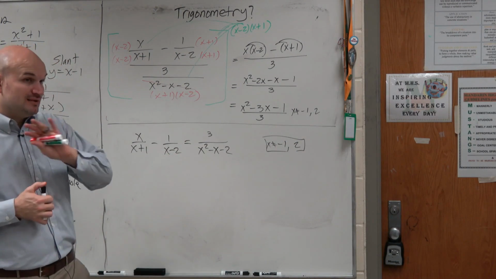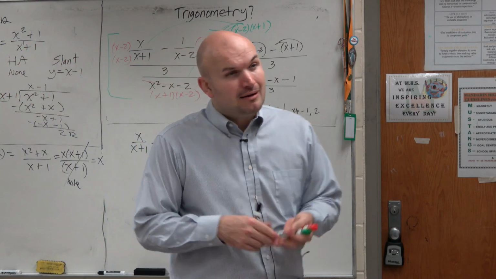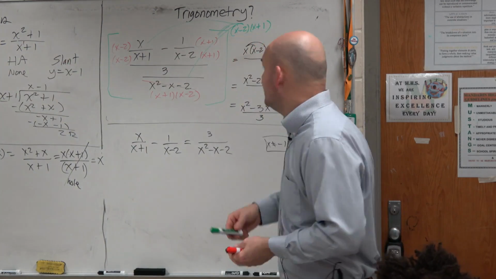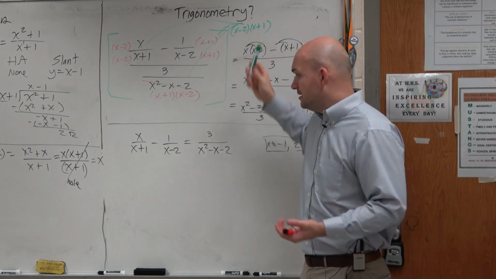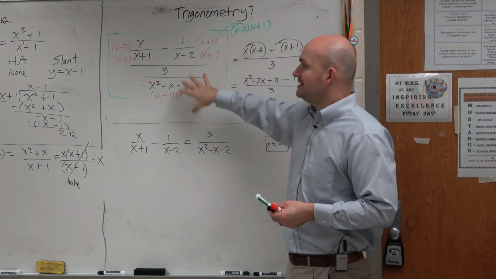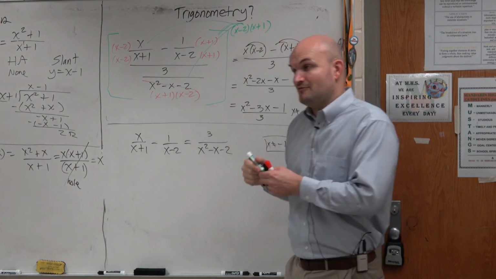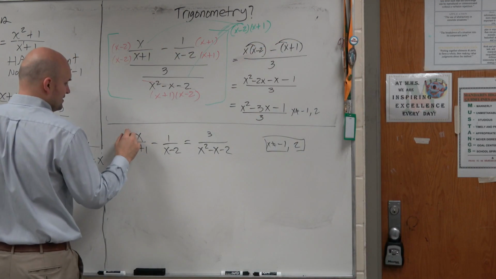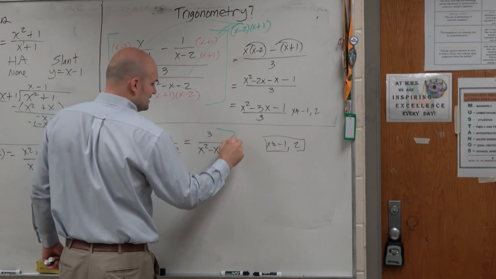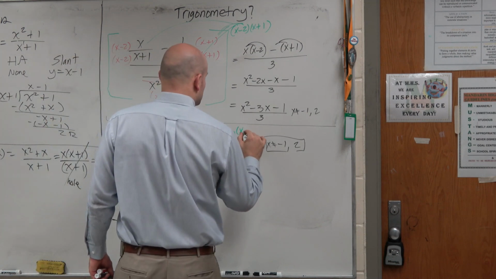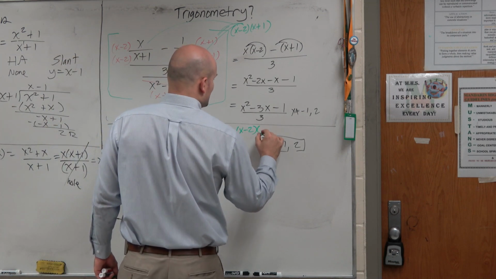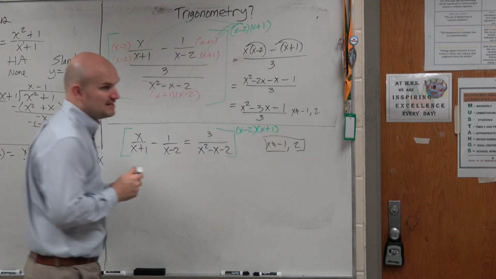Now, rather than doing the Algebra 2 method this time, I'm just going to go the way that I taught you. I said, yeah, that makes sense, and you can do it. But in reality, why get the common denominators and then multiply by the common denominator? The easier, faster way that you can do it is just multiply by the common denominator. Now, students usually didn't like this method because they had a hard time identifying the common denominator.